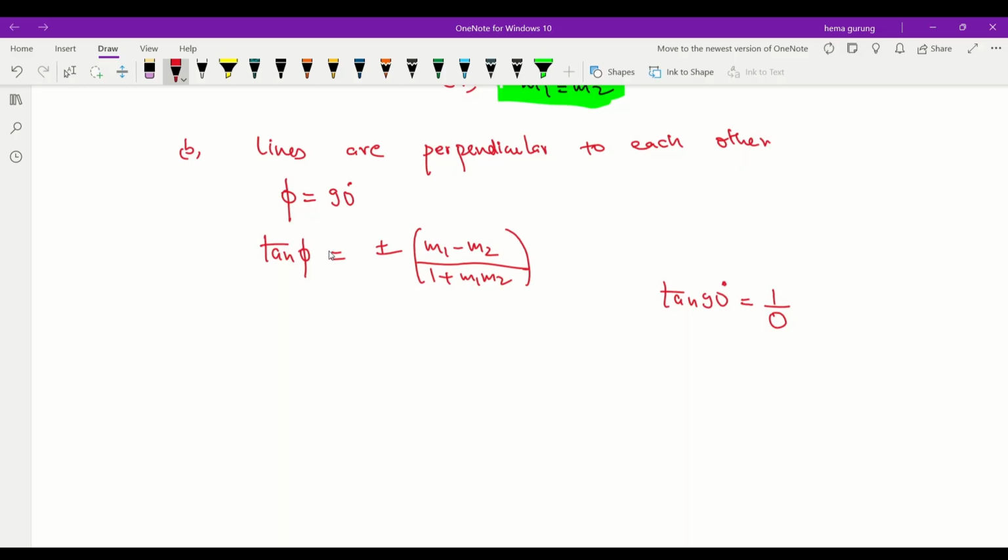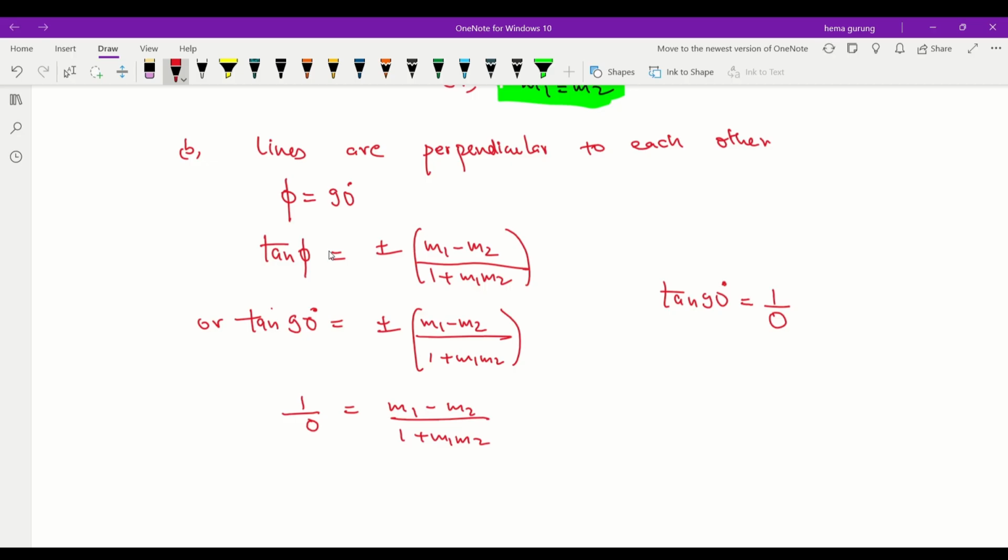So tan 90 is 1 by 0. That means I'll write here 90 and then the same thing. Okay, now this one can be written as 1 by 0 as it is. I just ignore this one. The (m1 minus m2) divided by (1 plus m1 m2), just equate it.